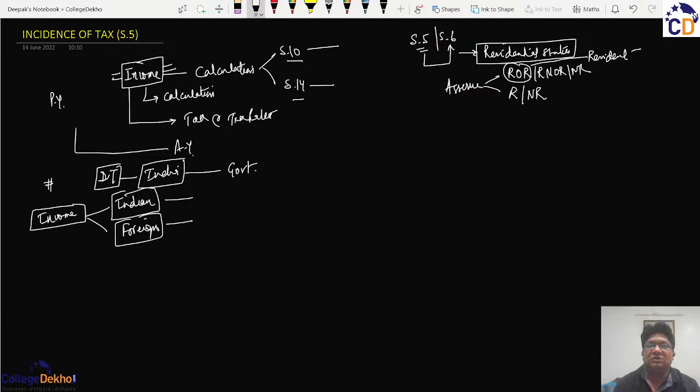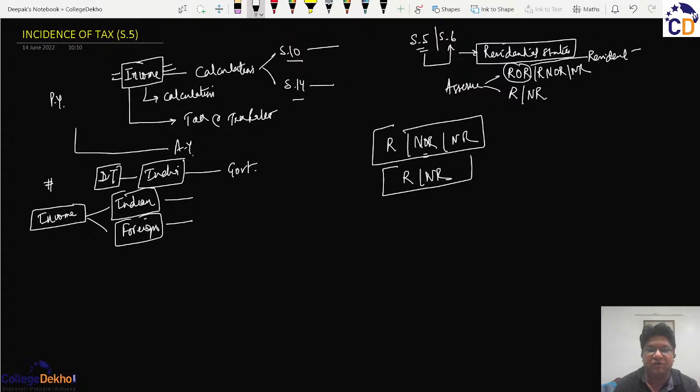So, subject to the provisions of section 6, the individual and the HUF will be classified as resident, non-ordinary resident, and non-resident, and the others will be classified as residents and non-residents, and there will not be any sub-classification.